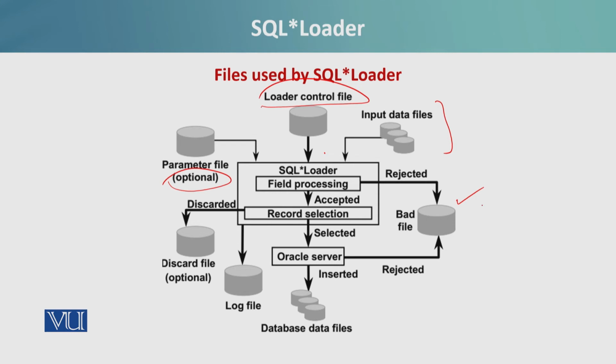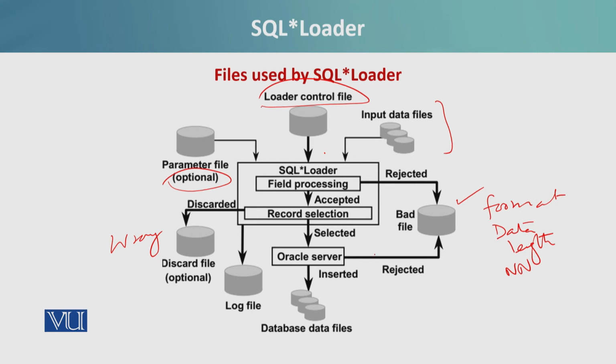Those records may have a format problem, data length problem, or some other not null kind of constraint issue. Discarded data means that we have some kind of wrong data or data which is normally not required.